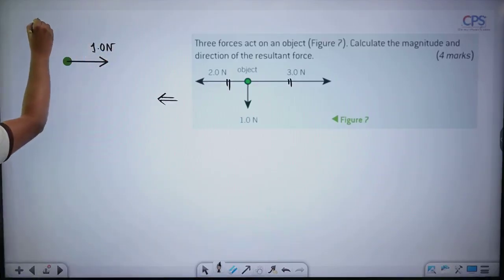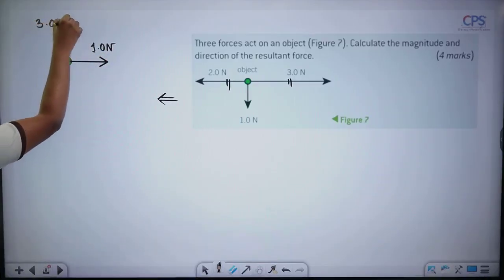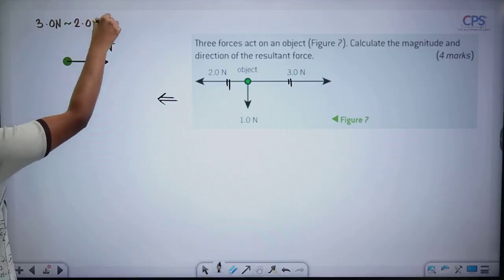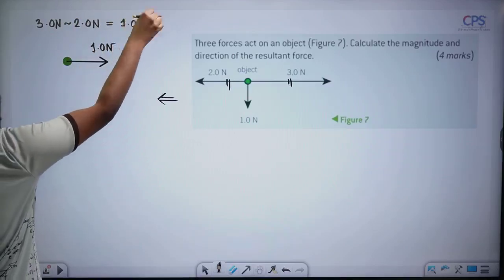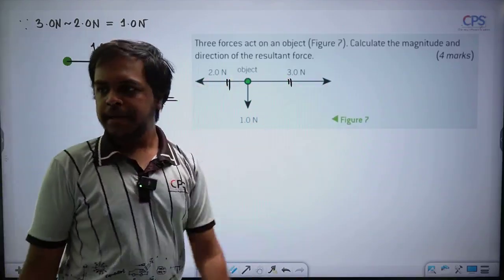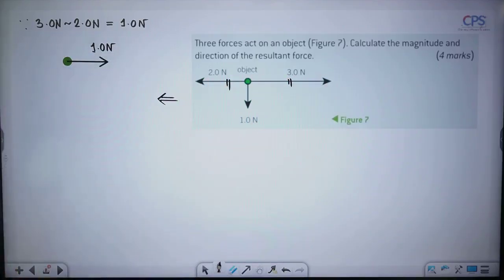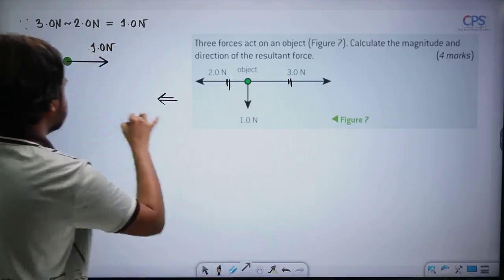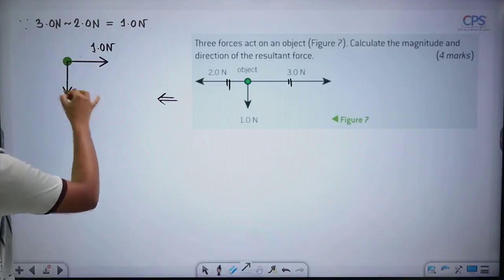How do you write it? You can write 3 Newton, and the difference of 2 Newton is 1 Newton. In which direction? In the bigger one's direction, 1 Newton. And there is another vector here, see, 1 Newton.